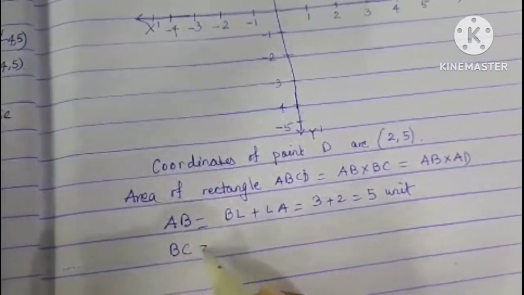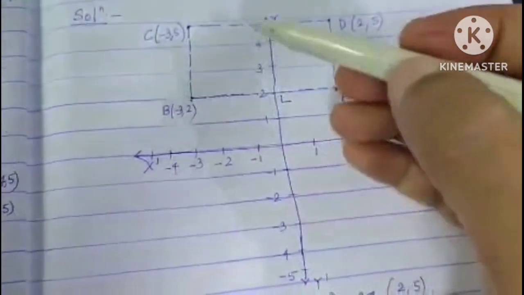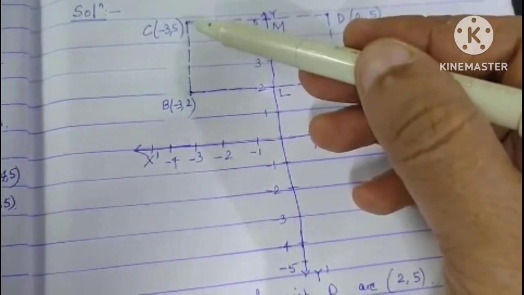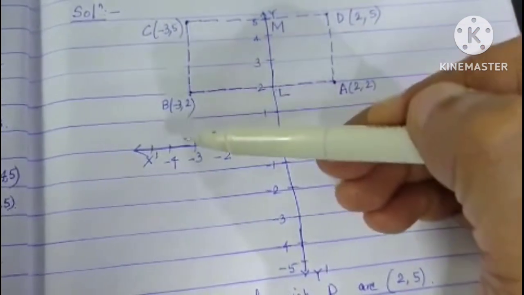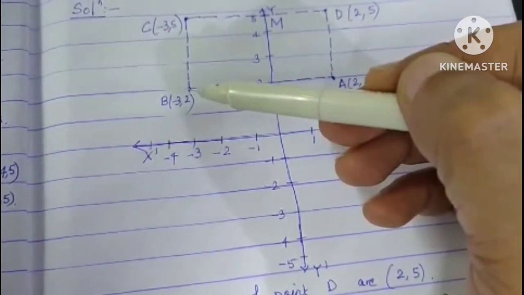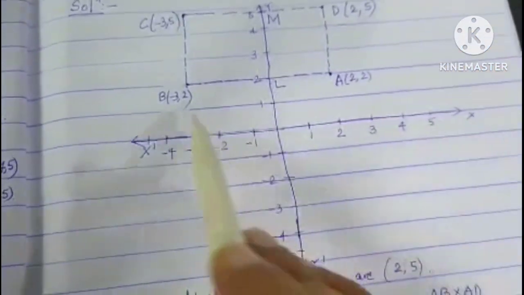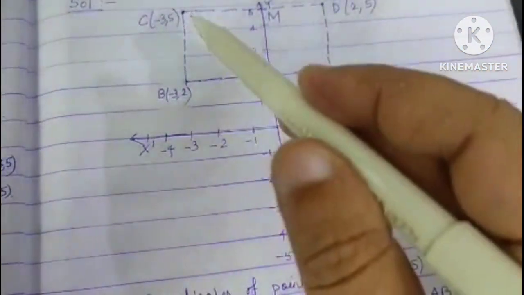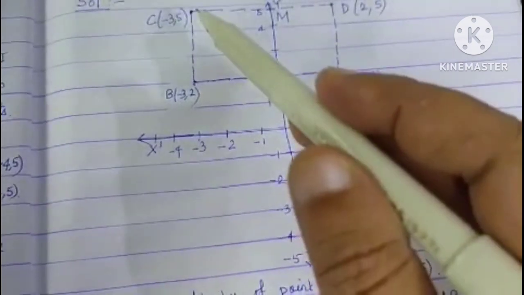Now what is BC? The y coordinate of this point will be 5, and this will be 2. Here we check on the y-axis, because we have to find the difference.